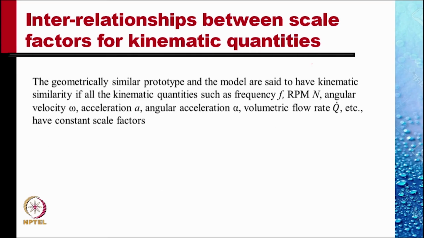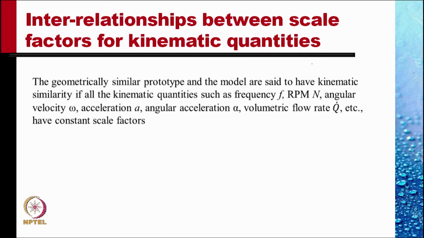Geometrically similar prototype and models are said to have kinematic similarity if all the kinematic quantities such as frequency F, RPM N, angular velocity omega, acceleration A, angular acceleration alpha, volumetric flow rate Q dot, etc. have constant scale factors.